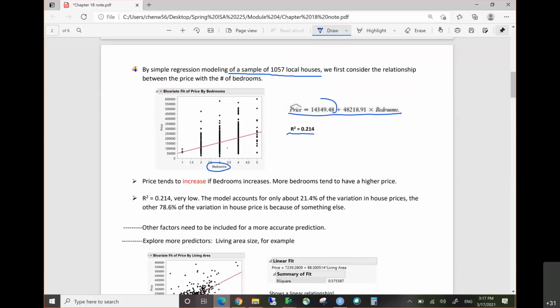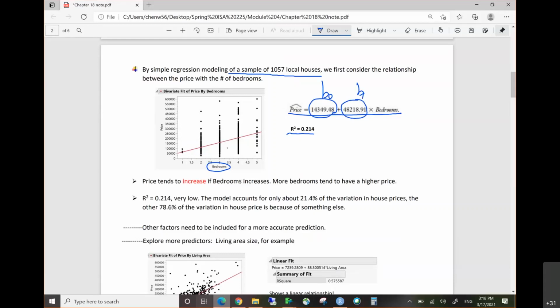So now, before we think about others, let's think about what this value means. This is B0, right? When we interpret that, it means if a house has no bedrooms, then the house price is predicted to be $14,349. It doesn't have practical meaning because there's no house with no bedrooms, right? Next one, about B1. What does this B1 mean?